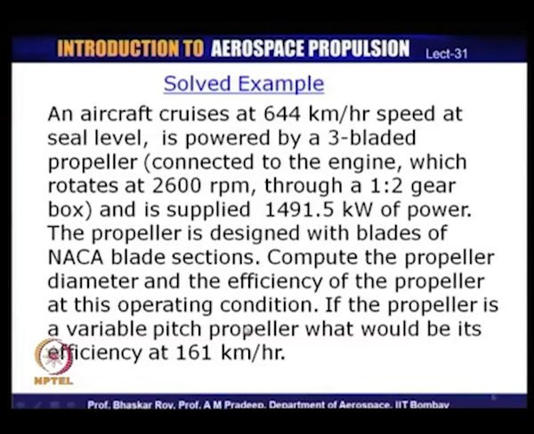So, our problem is that we have a propeller that is a variable pitch propeller. It is of course powered by an engine, and it is flying or cruising straight and level with an aircraft, and it is a 3 bladed propeller.